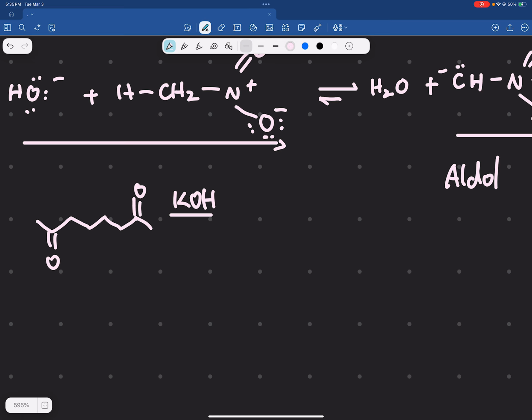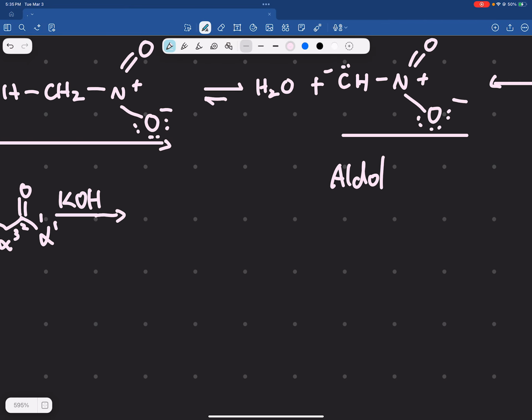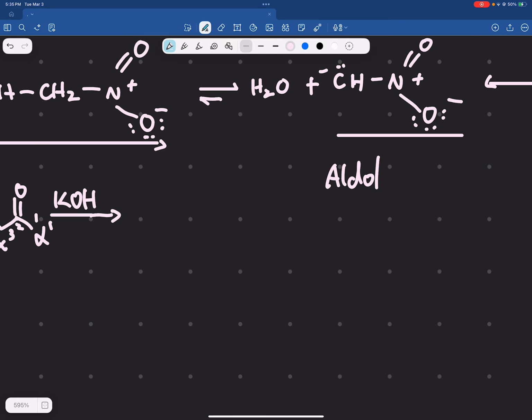It can either undergo an aldol reaction at the first alpha carbon, or at alpha carbon 3. So 1, 2, 3. So it can undergo reactions at carbon 1 or carbon 3. If the reaction occurs at carbon 3, it's going to form a 5-membered ring.